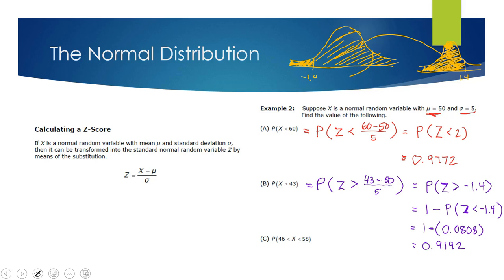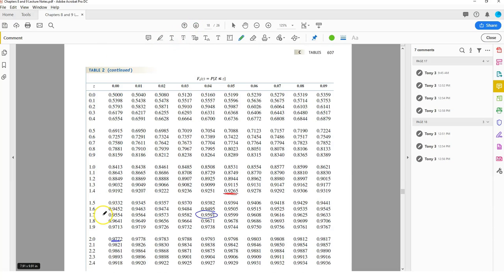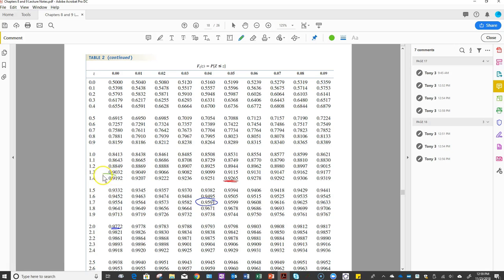So if I thought of this as the probability of z being less than 1.4, and again using the table, I would go to the second table and say, okay, 1.4, and I'm looking for less than that, you can see that 0.9192 is the answer that's there. So there are different ways to approach this based off of how you interpret the table. So you have to make sure that you are interpreting the table carefully.